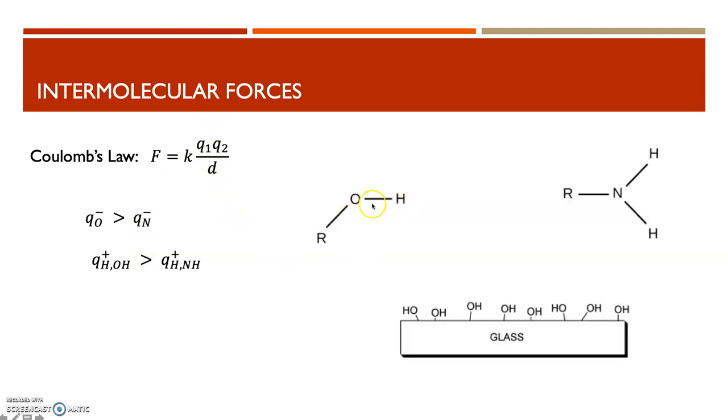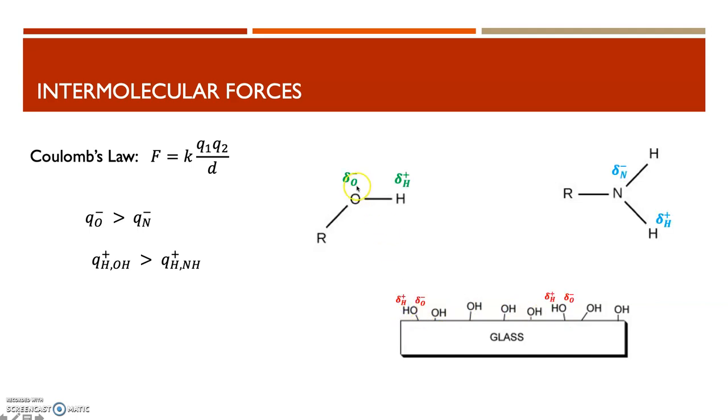So if we think about how each of these molecules, one with an OH functional group and one with an NH functional group, are going to interact with another substance, like a substrate, like a glass substrate? Well, the surface of the glass has OH groups on it, hydroxyl groups.